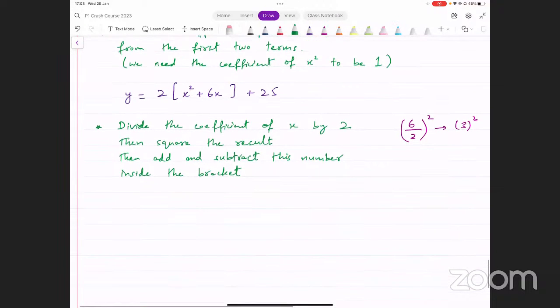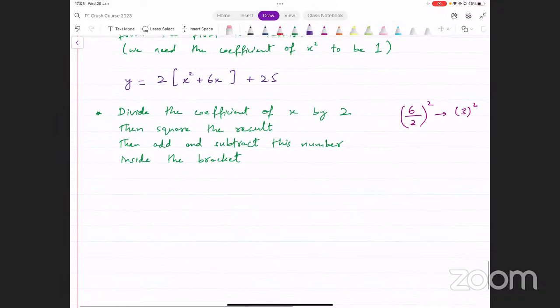Now, what does that mean? You've got this function y equals 2 into x squared plus 6x. Outside, you've got 25. So generally what you're going to do is leave some space after x squared plus 6x in the previous step, and you have plus 25 outside.